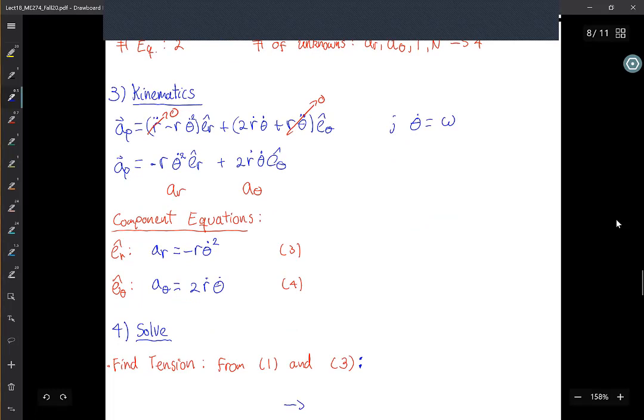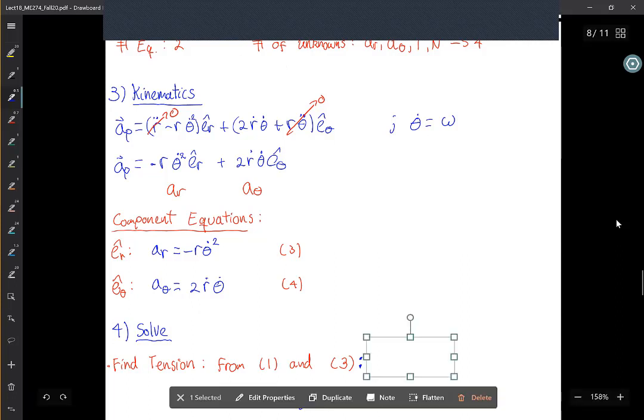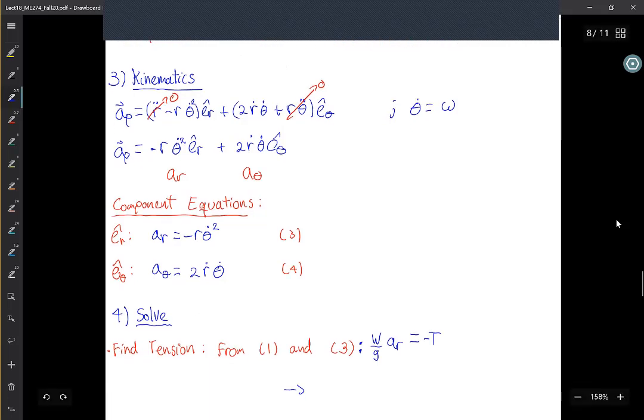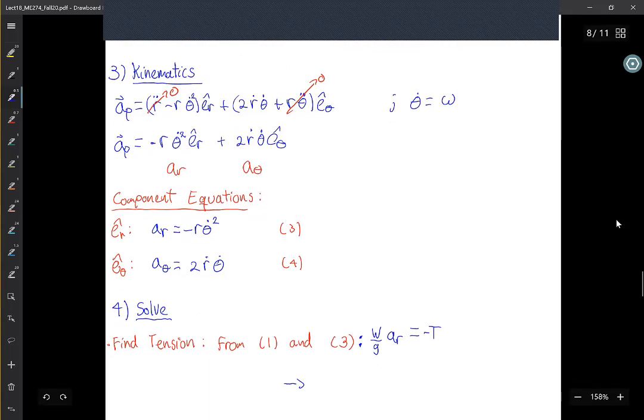So this one is fast. I'll solve it till the end. So using equation 1 and equation 3. So here it's equation 1, it's just for the tension. So we need to substitute this guy into this one. That's easy enough, right?